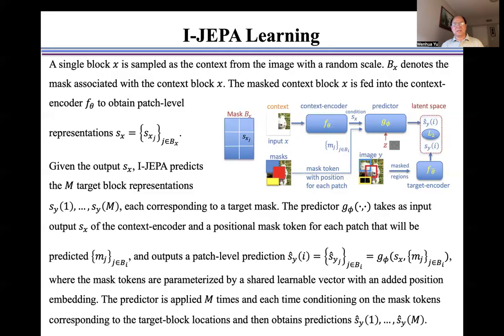The predictor is applied M times, each time conditioned on the mask tokens corresponding to the target block locations, and then we obtain predictions from sY caret 1 to sY caret M.